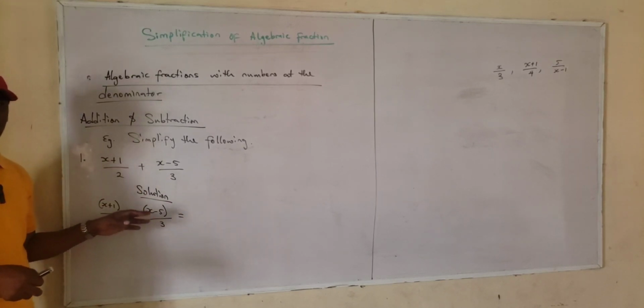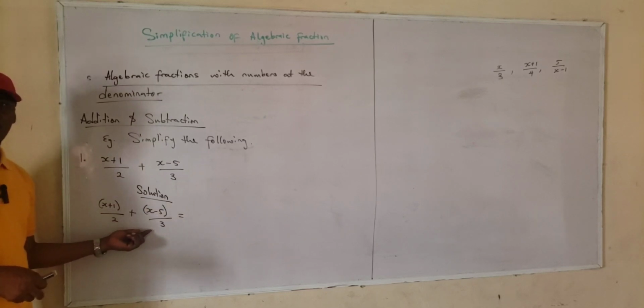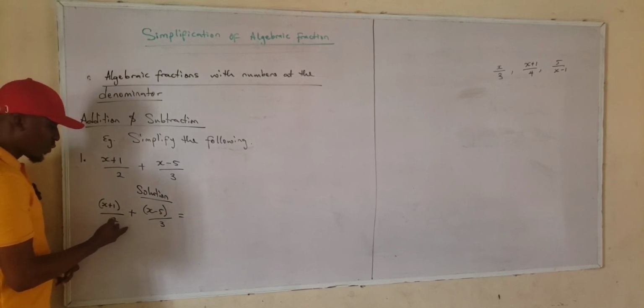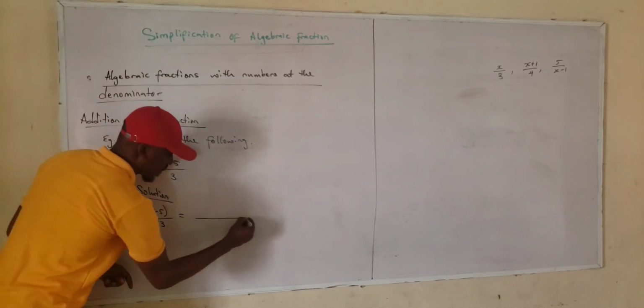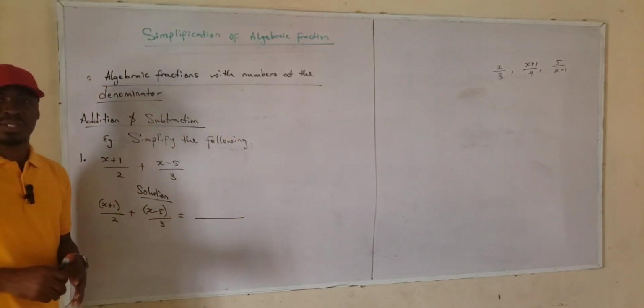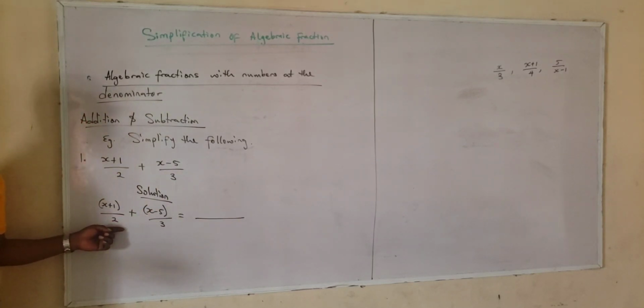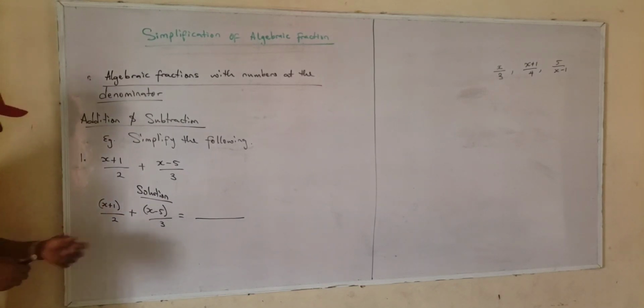You take the LCM of 2 and 3. If you watch our previous videos, we talked about the LCM of two numbers that do not have any common factor. It's just a multiple of the two numbers.